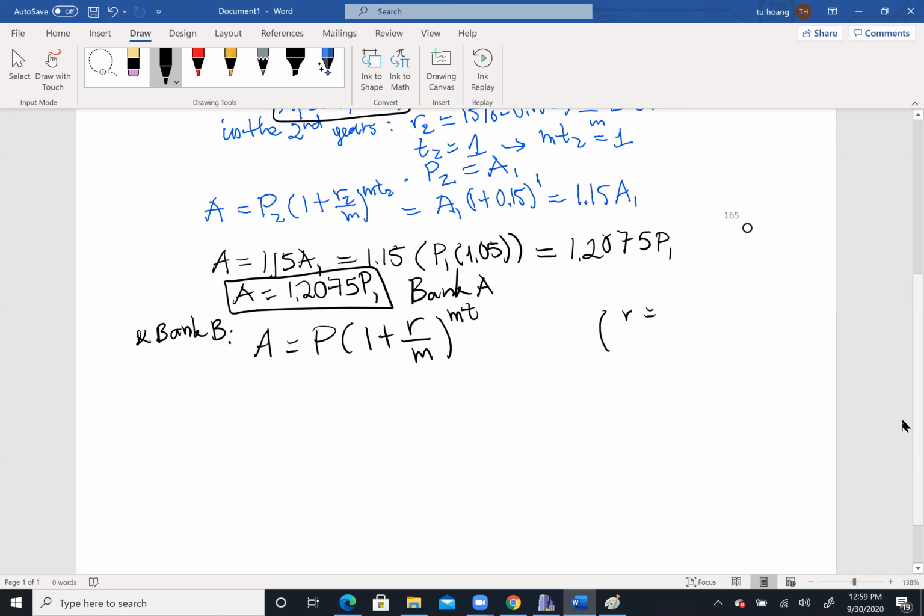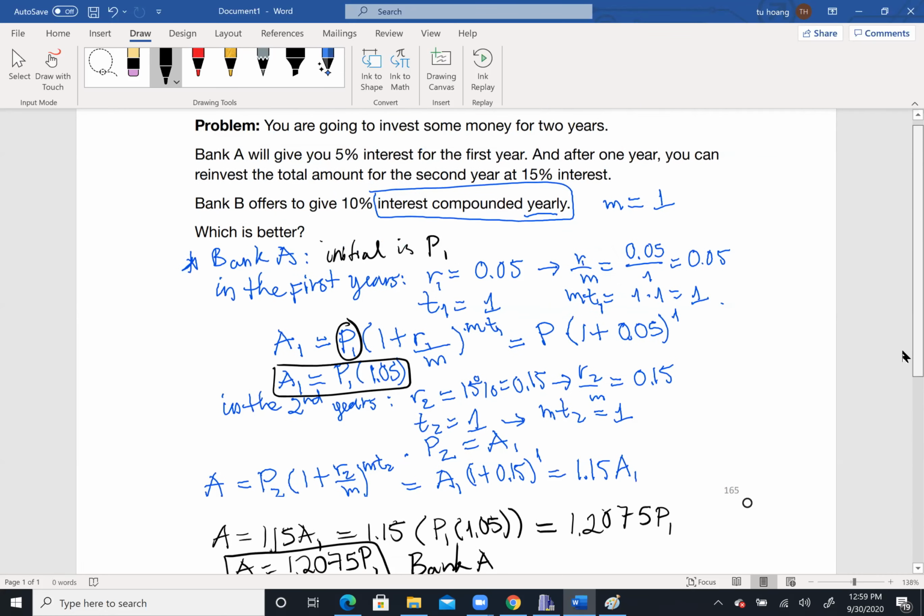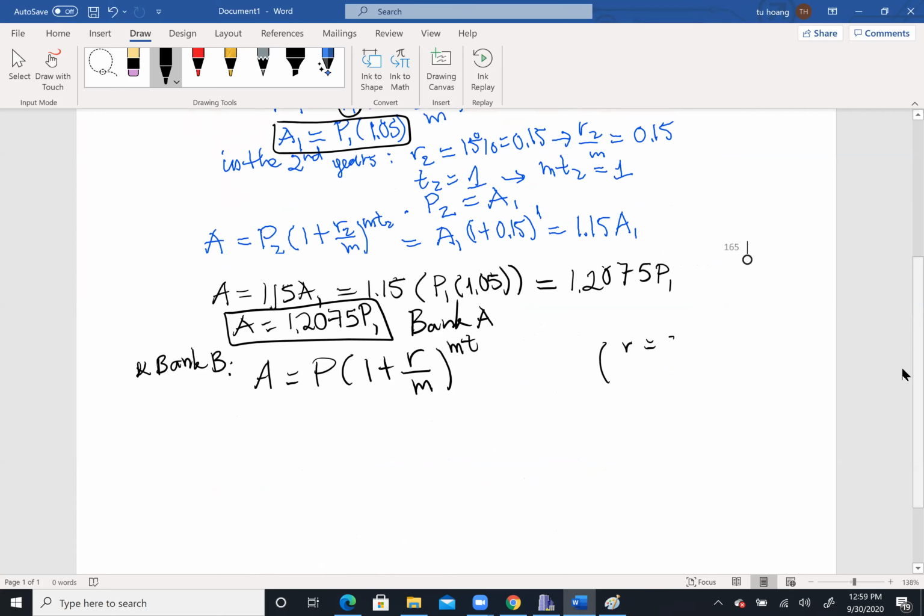R here is a 10%, so it's 0.1, right? And T in here is equal to 2 years, right? And M in here is 1 because compound yearly. Okay, so that's gonna be it.